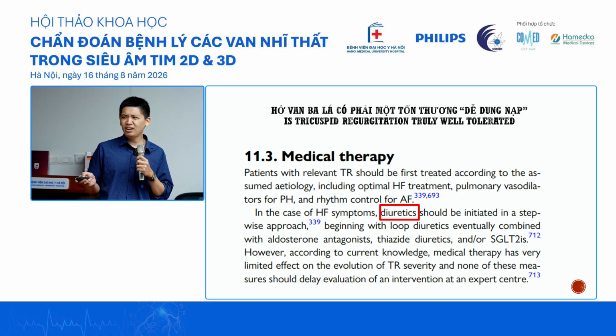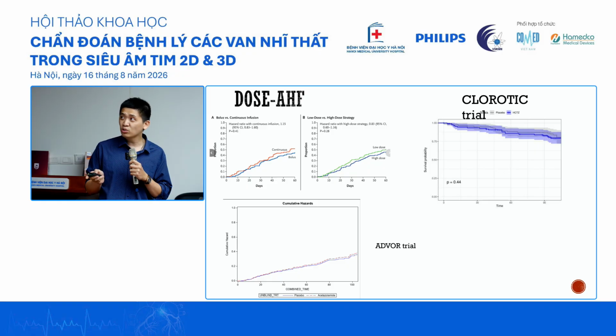If you have right heart problems, pulmonary regurgitation, or tricuspid regurgitation, you usually give them a diuretic. The symptoms went away, and then you say it's tolerated. You probably should remain on medical treatment alone. We shouldn't touch the tricuspid regurgitation. But what we learned from all the research over the years is that a diuretic, by relieving symptoms, doesn't improve mortality.